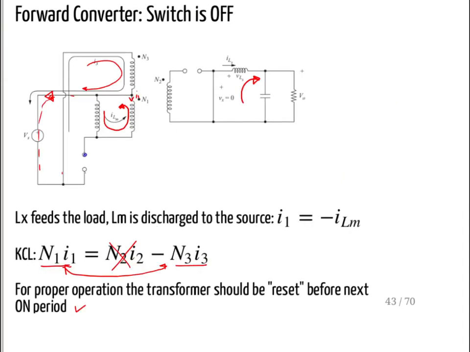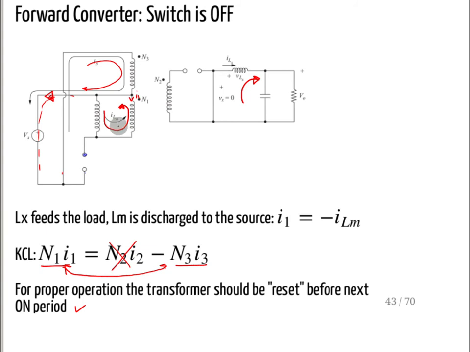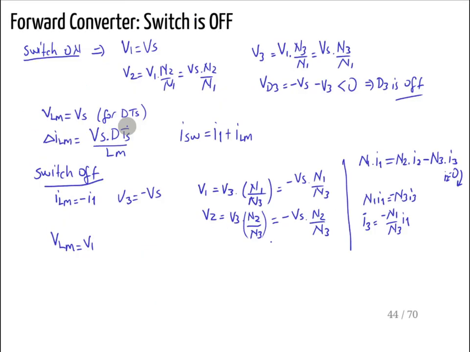Okay, so let's try to calculate how the current in that inductor Lm changes. Using all the equations I derived, I can also say VLm is equal to V1, which is minus Vs times N1 over N3.